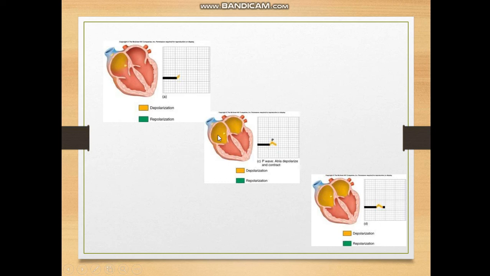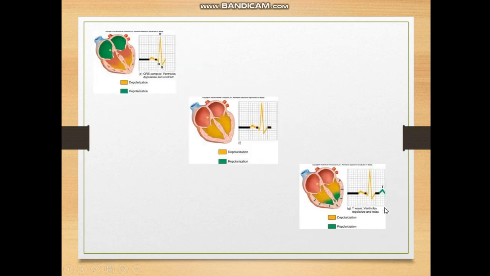P wave means the atrial depolarization. It means both the atria are depolarized and depicted by the P wave. Now, see, they are repolarized. It has come back. The repolarization of the atria is embedded in the QRS complex.